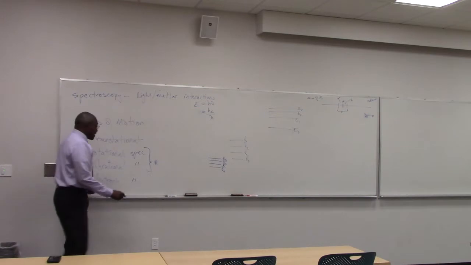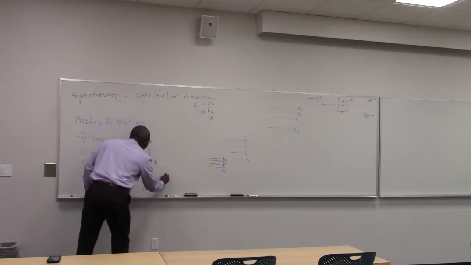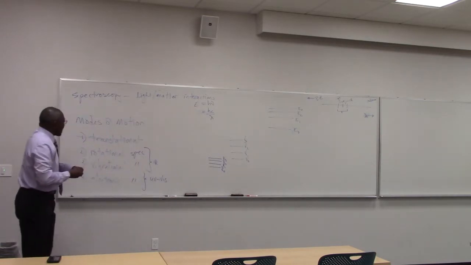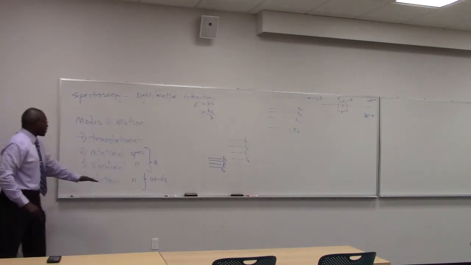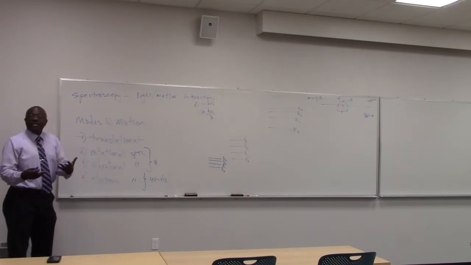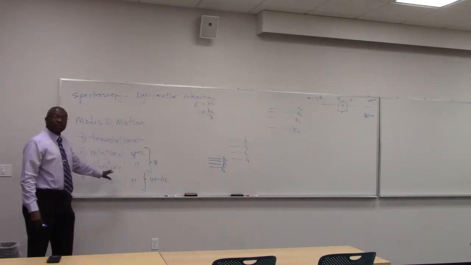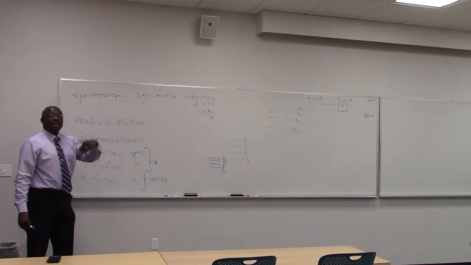And then electronic requires ultraviolet visible. In other words, I can say that electronic spectroscopy is UV-vis spectroscopy. They're one and the same thing. Or UV-vis spectroscopy is electronic spectroscopy. Right? It carries out electronic transitions.